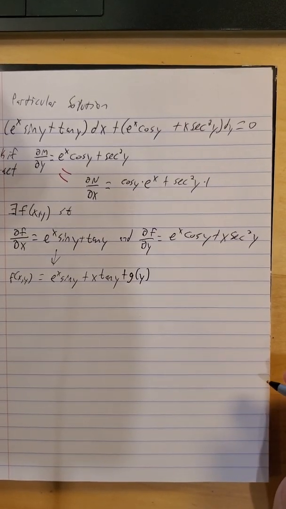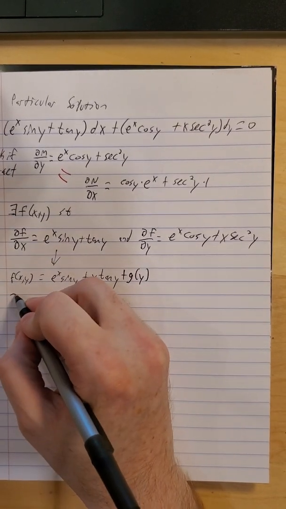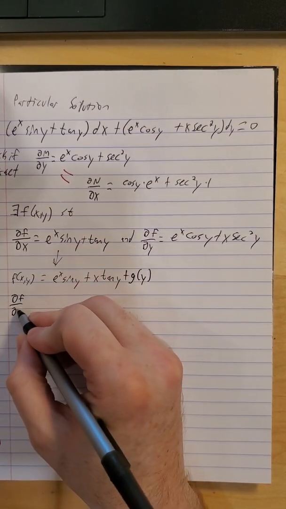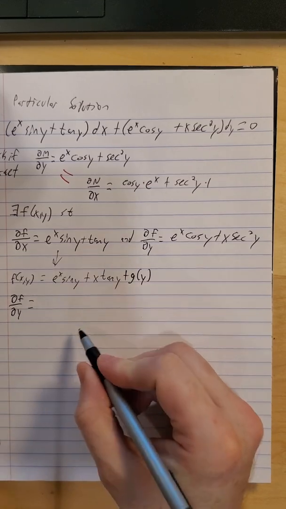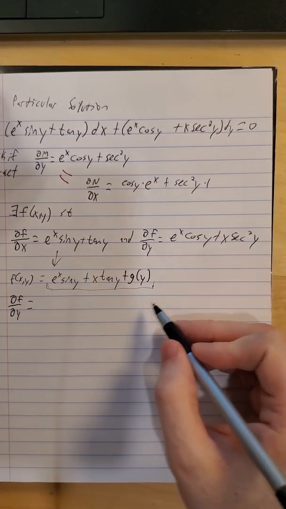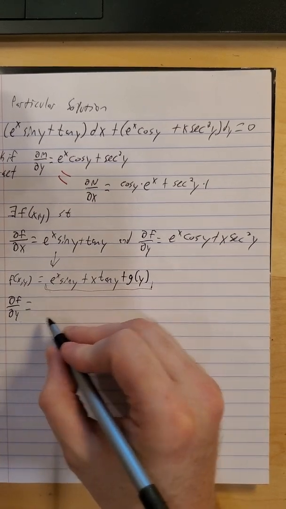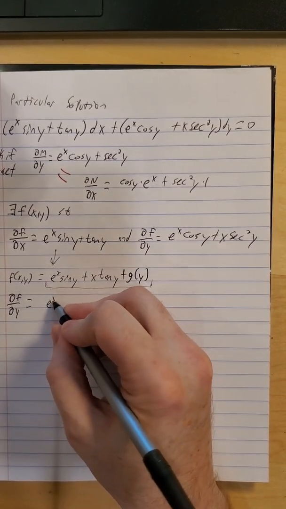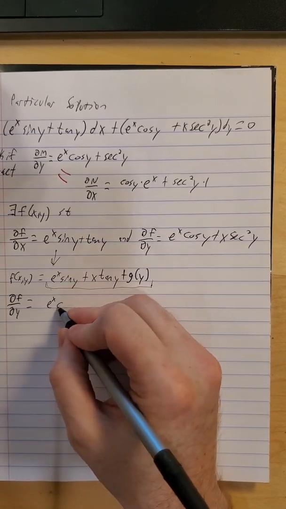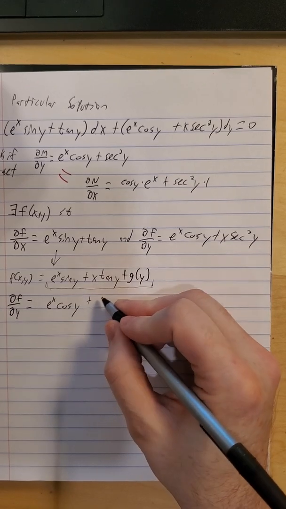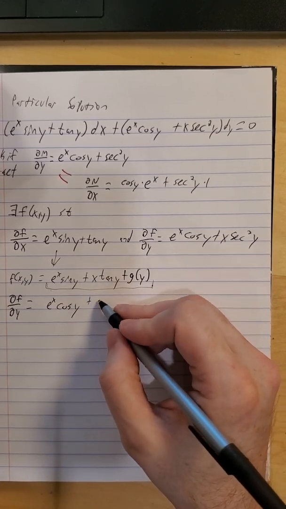So moving forward from there, then we do our partial. So partial of f with respect to y, we differentiate what we were able to make so far in function f, treating now y as our variable. So e to the x is just a constant at the moment. Derivative of sine y is cosine y. x is treated as a constant at the moment.